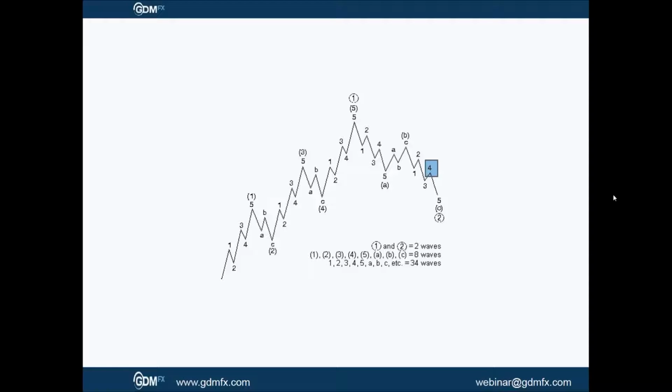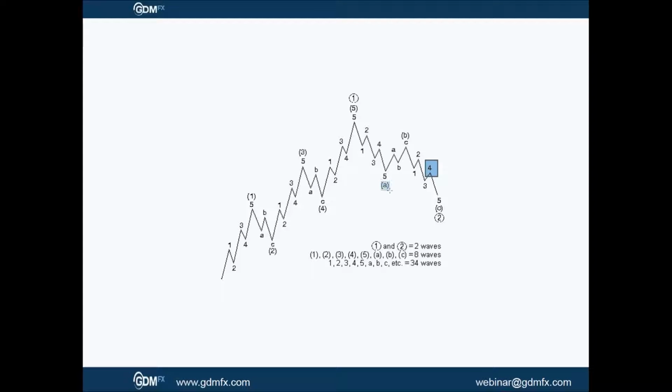Aside from a few specific exceptions, which we will be discussing later in the session, waves divide in impulsive mode, 5 waves, when trending in the same direction as the wave of one larger degree of which they are a part, and in corrective mode when trending in the opposite direction.